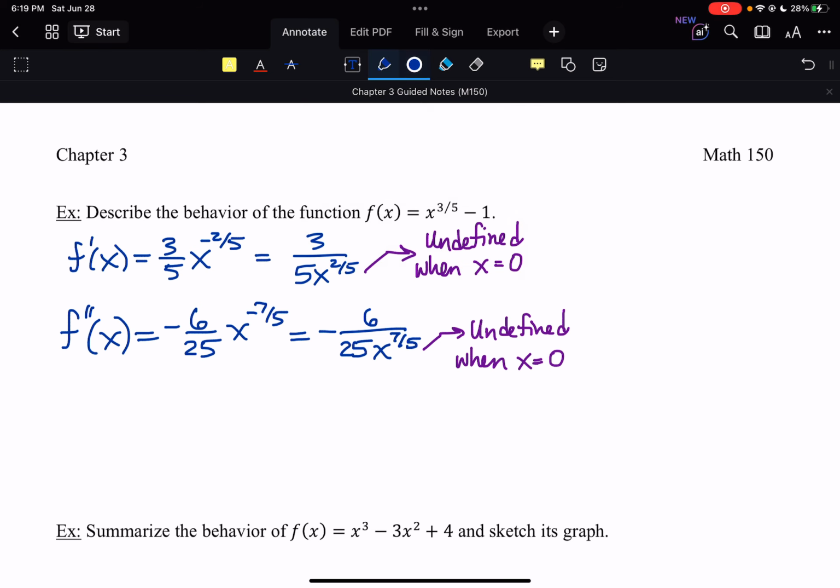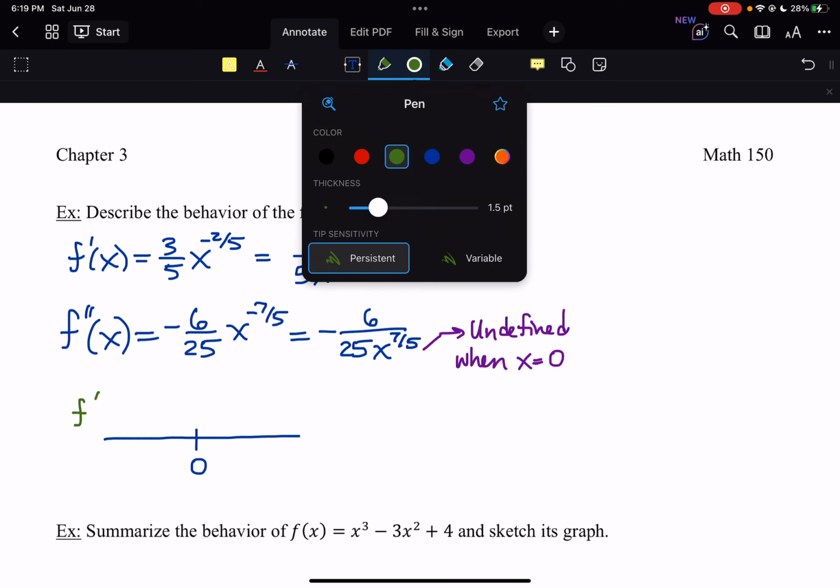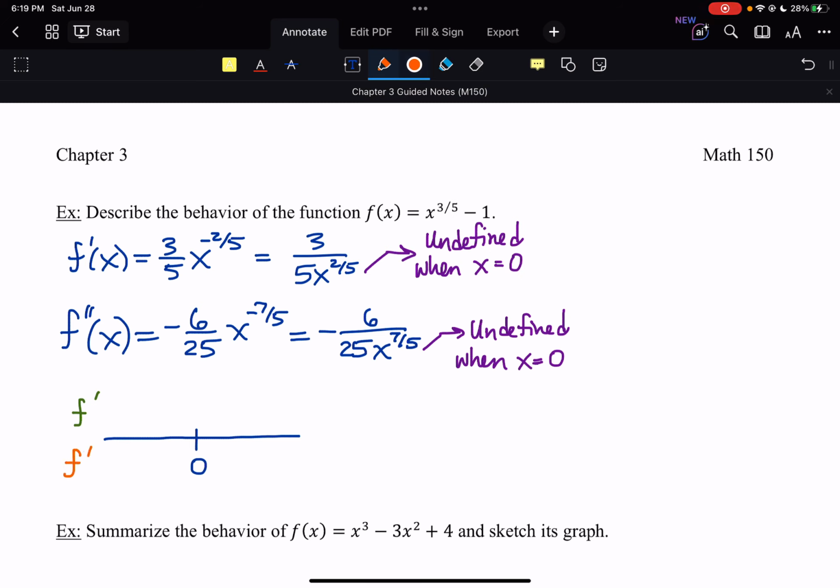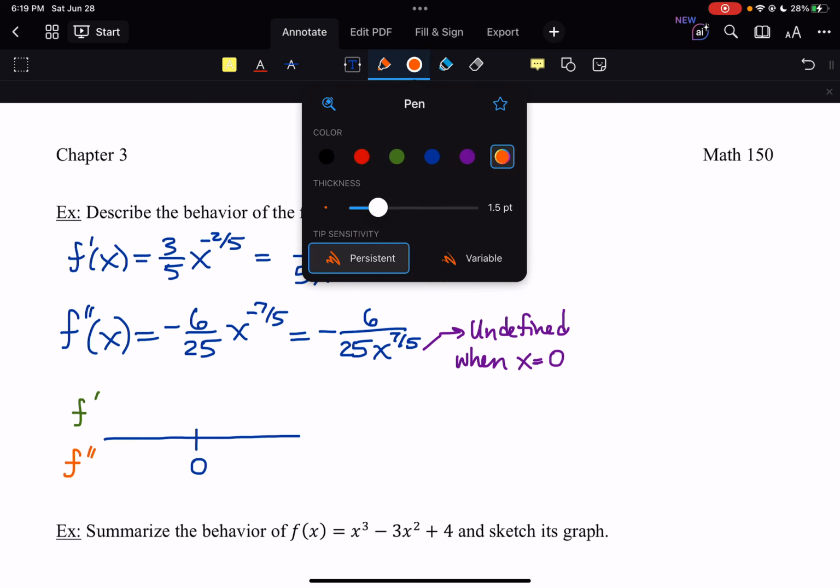So now we're going to check and see what happens here at 0. So I'll put f prime up here, f double prime down here.